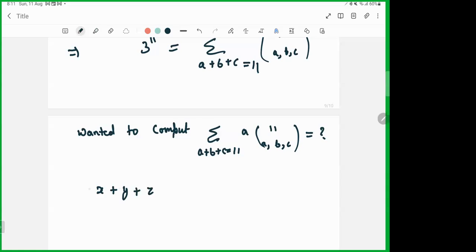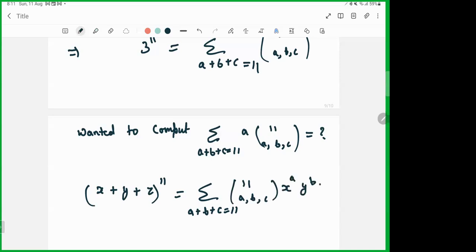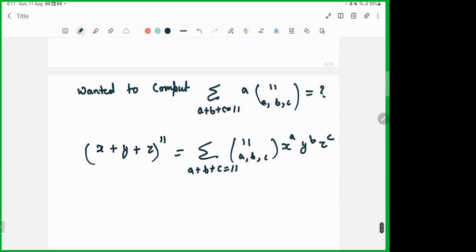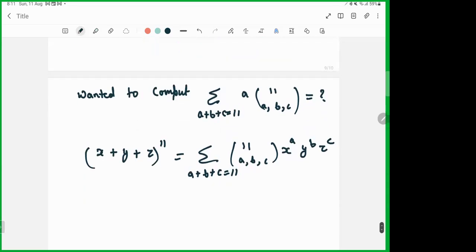Let me write it again: x plus y plus z to the power 11 is the summation over a plus b plus c is 11 of 11 choose a comma b comma c, x to the power a, y to the power b, z to the power c. Just think about this expression. Can you tell me what I should do?